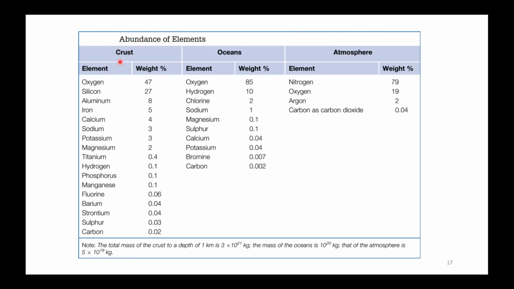In the crust, oxygen, silicon, aluminium, iron, calcium are abundant elements. From the oceans we can get oxygen, hydrogen, chlorine, sodium. And from the atmosphere, nitrogen gas, oxygen gas, argon, carbon dioxide.